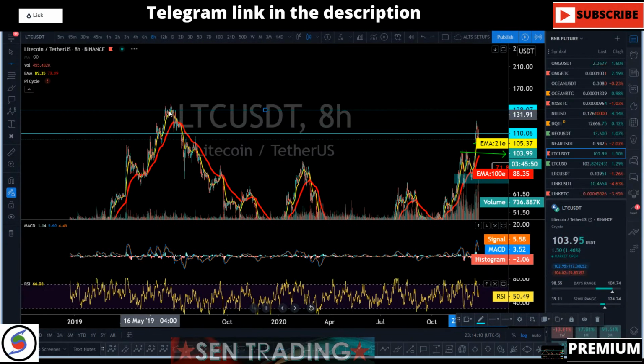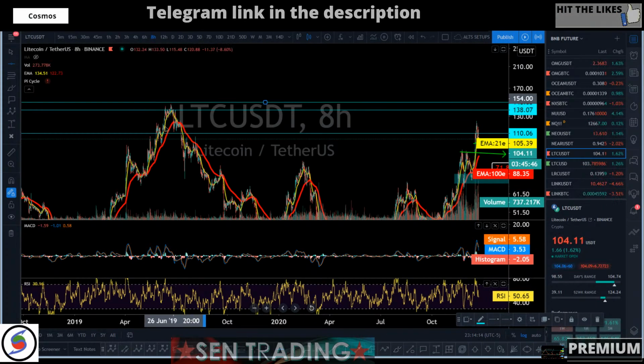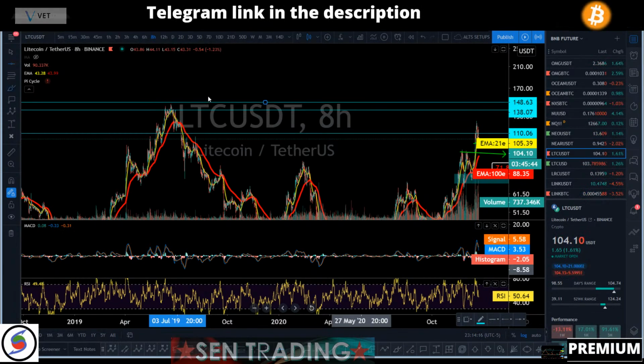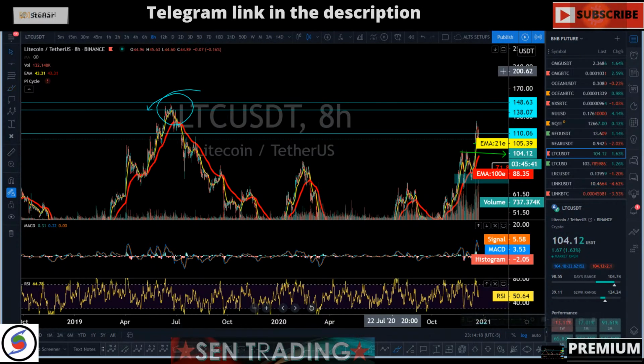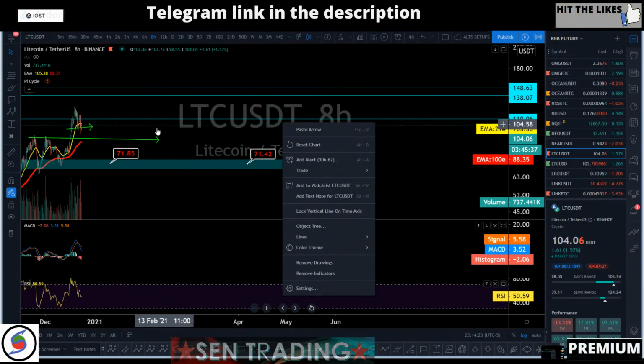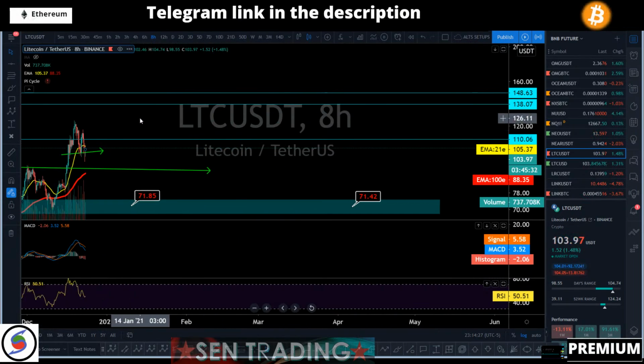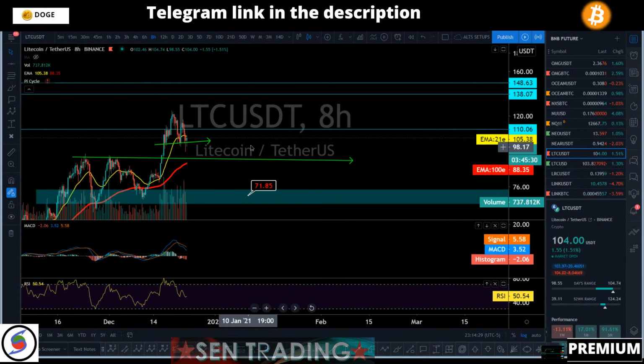That's the upside target, which is the June 2019 high. But as of now, I wouldn't be leverage trading Litecoin heavily as we're getting a mixed signal, because Litecoin is crazy.